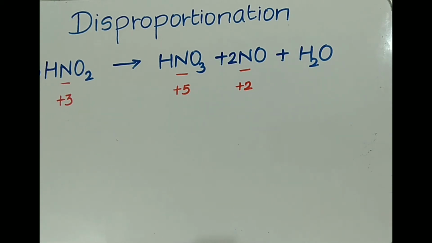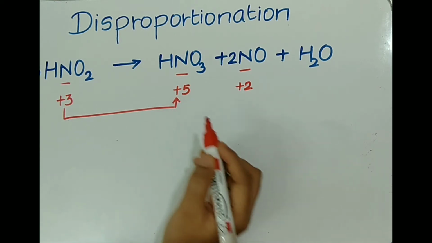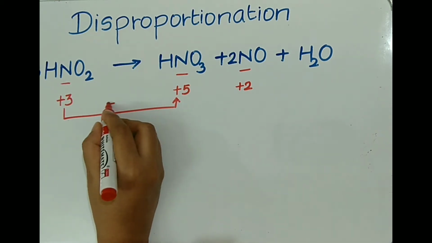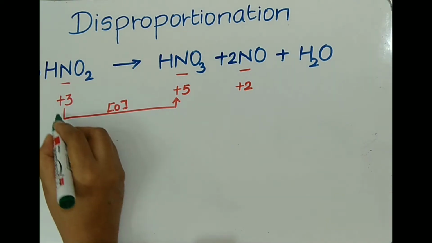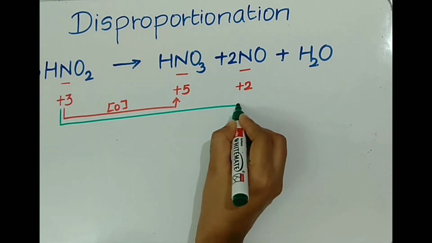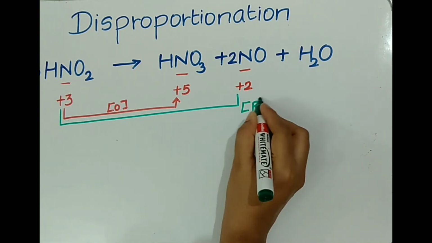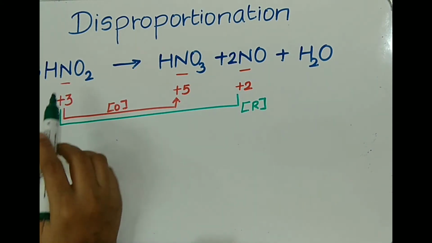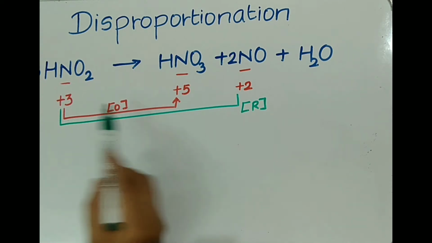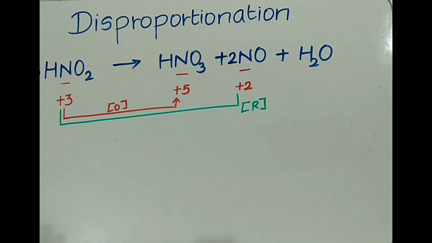So you can see here from +3 to +5 it is increasing, so oxidation. Same way from +3 to +2 the oxidation state is decreasing, so that is reduction. So you can see that in the same reaction nitrogen is getting oxidized and reduced also.